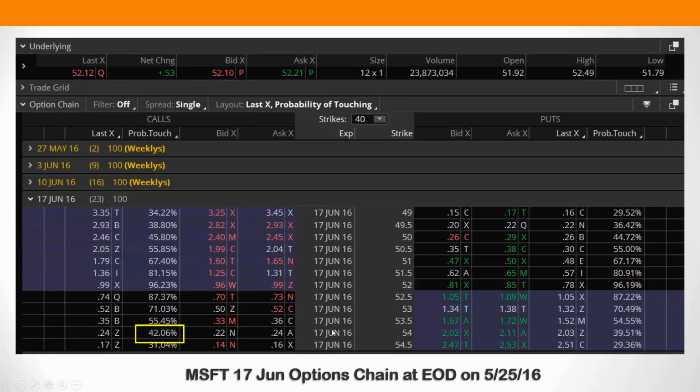So what this is saying is that traders, looking forward for the next 23 days in this case, are looking at a probability that Microsoft will hit the 54 level, not remain above. It's not probability of expiring, but the probability that Microsoft will actually touch that level at some point during the next 23 days is 42%.